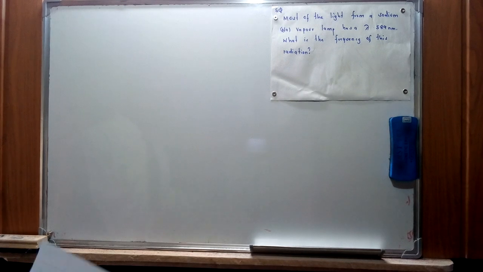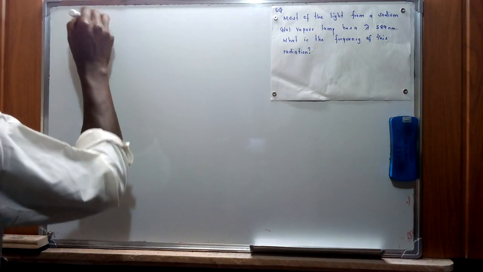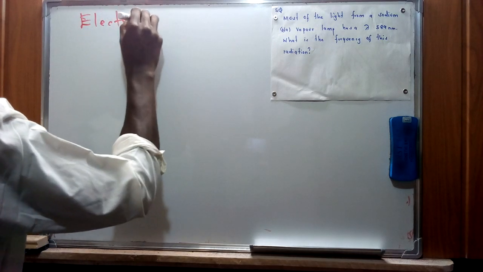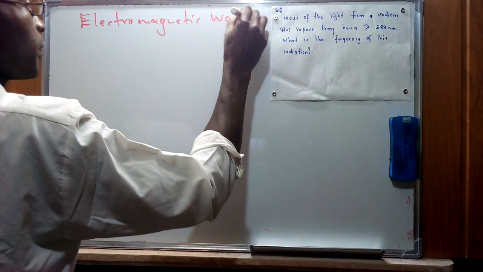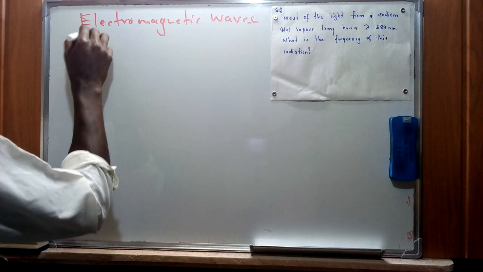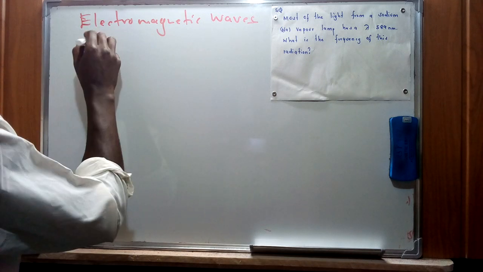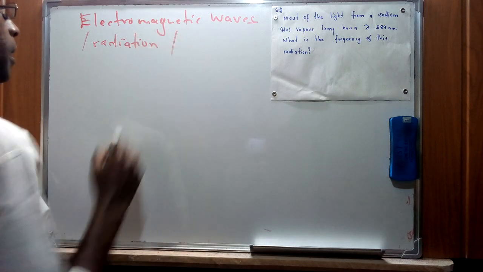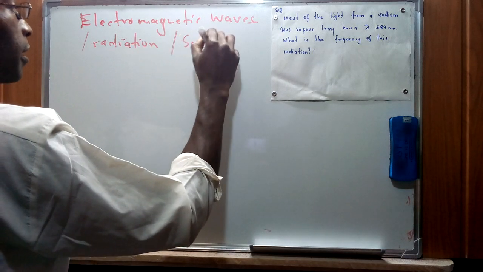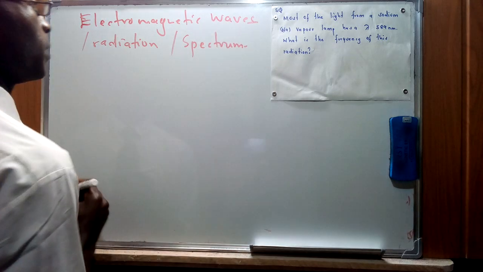So as I've said, today we're going to look at a concept in electromagnetic waves. Sometimes we may come across this concept being given as electromagnetic radiation, or maybe electromagnetic spectrum.